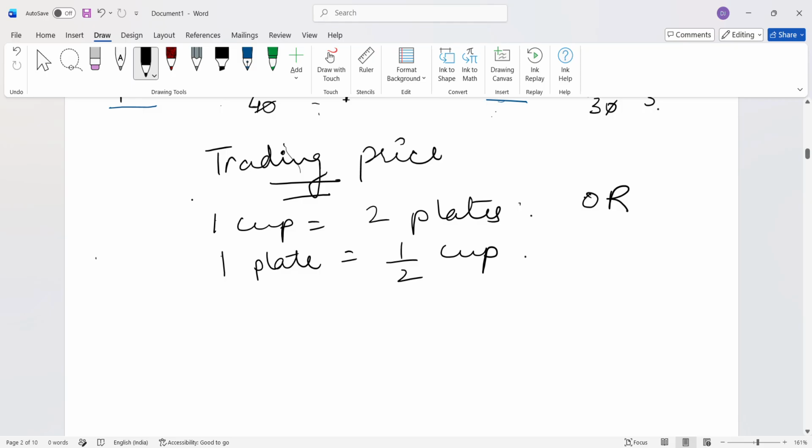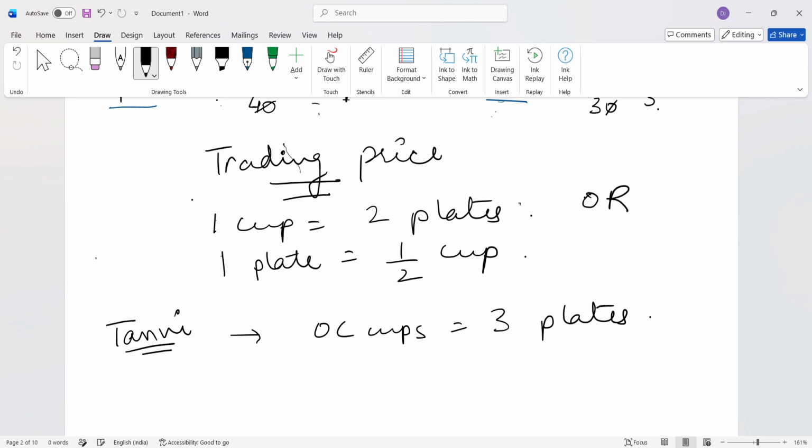So for Tanvi, if she is producing at home, the opportunity cost for cups was 3 plates. But if she is trading, since she is producing plates, if she is trading plates for cups, then for 1 cup, she only has to sacrifice 2 plates, because that's the market price.